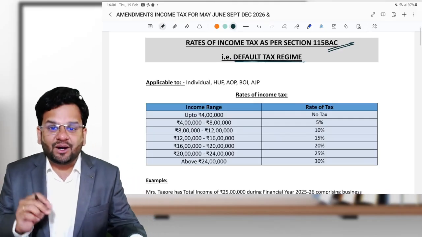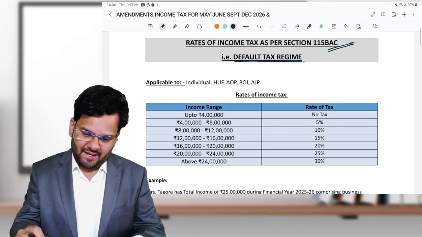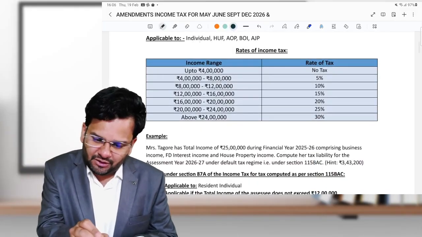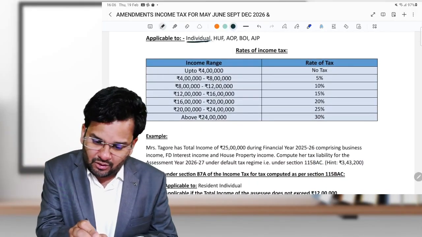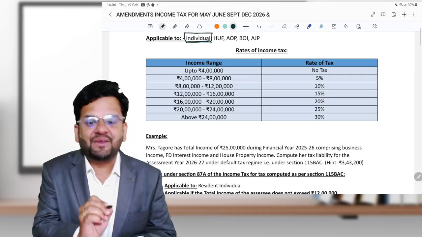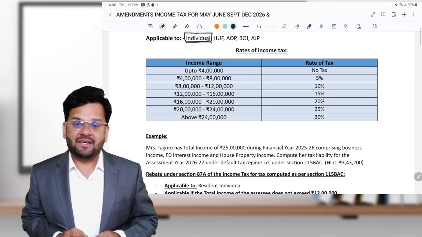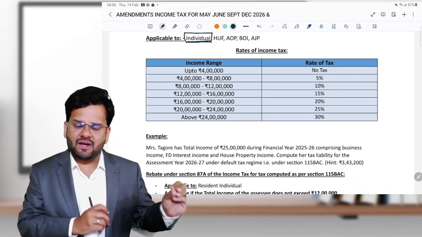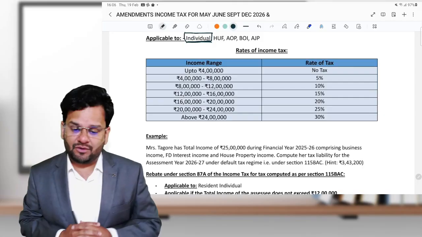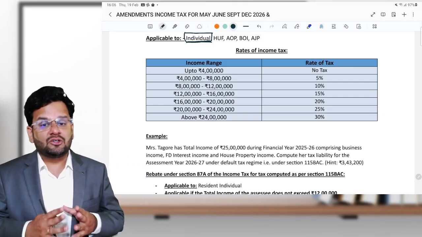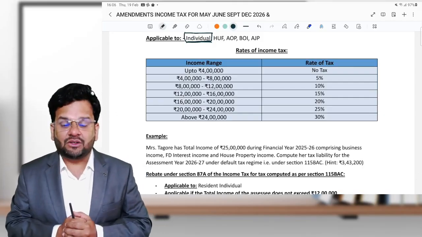On that total income, what slabs will you apply? Especially I'm bothered with individual. Mostly in my exam I'm bothered with individual. So for individual, HUF, association of persons, body of individuals, and artificial juridical person, what are the slabs?